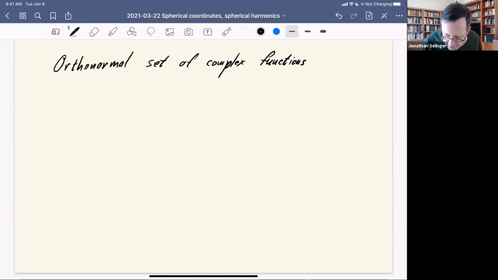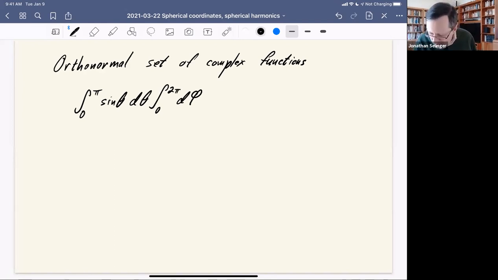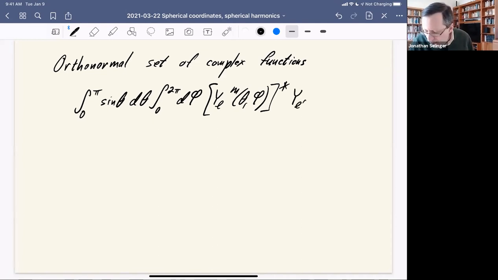So that means if you do an integral over theta and phi, so an integral from 0 to pi sine theta d theta, an integral from 0 to 2 pi d phi of one spherical harmonic, Y_LM of theta and phi, complex conjugate, times another spherical harmonic, Y_L'M' of theta and phi, this integral is the Kronecker delta LL' times the Kronecker delta of MM', okay?